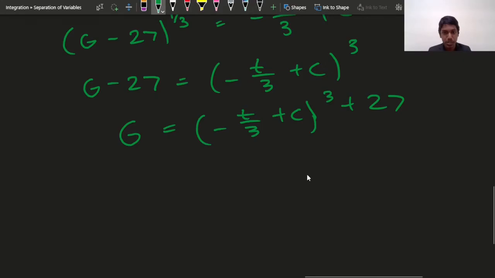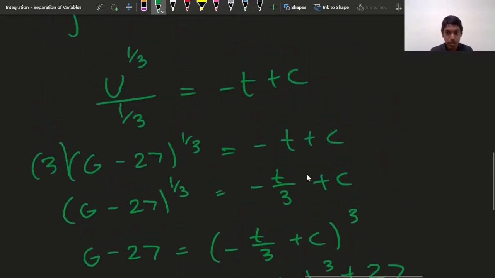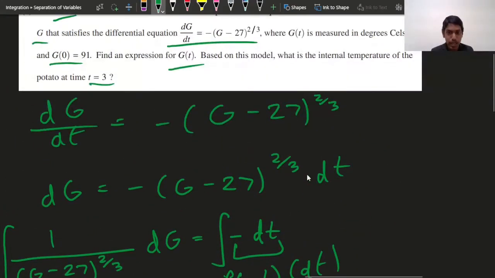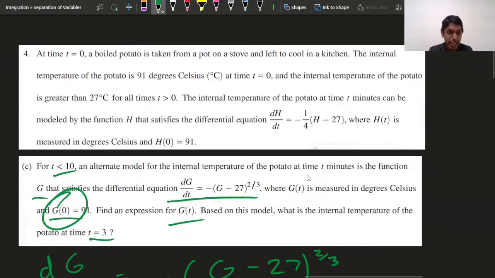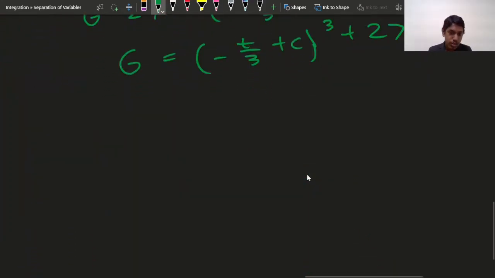And we're not done. We have not found our constant, what the value actually is yet. So let's do that. We've got to use the initial condition for that, right? Finally, I told you in the last part that this information wasn't useful, but now it will be. So let's write G of 0 is 91. So what is the value of G?